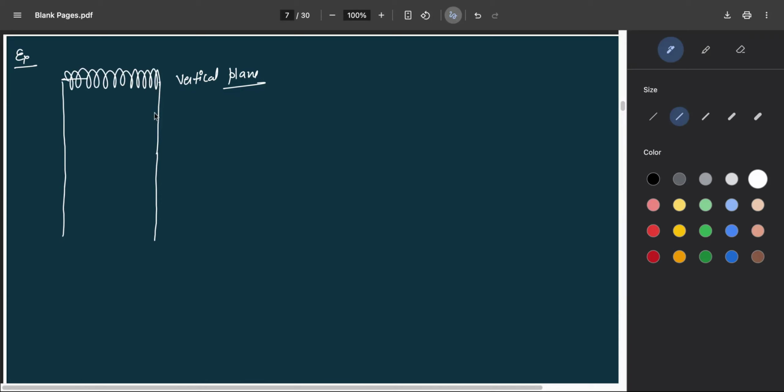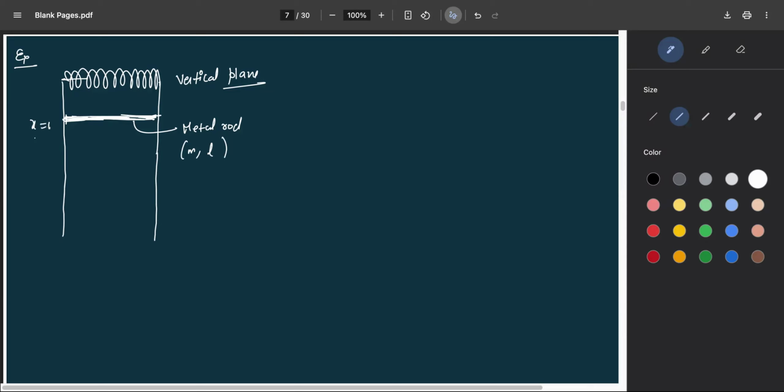Something like this. You have a metal ball. This is a metal ball. It has a mass and length.